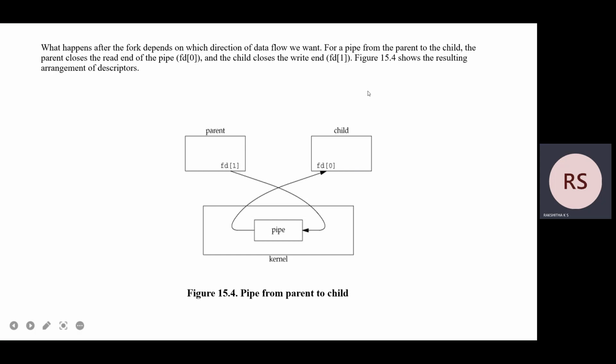Only a single pipe is used, with descriptors 0 and 1 between the parent and child. Descriptor 0 is open for reading and descriptor 1 is open for writing. That is a pipe from the parent to the child.